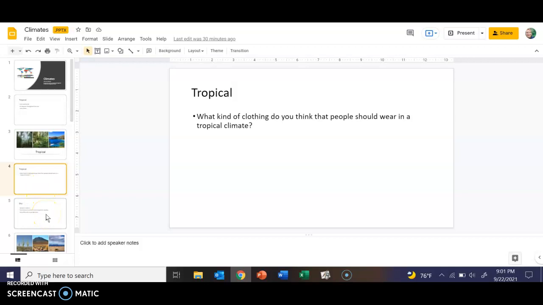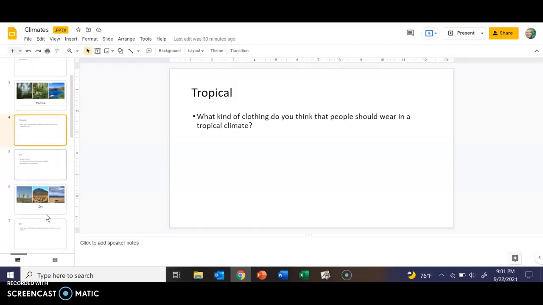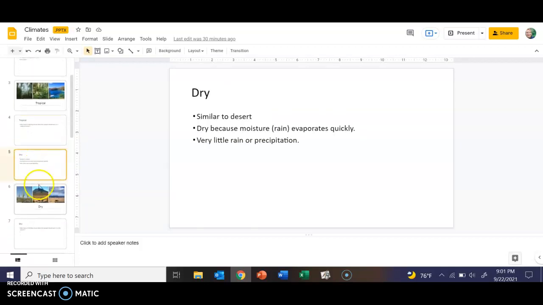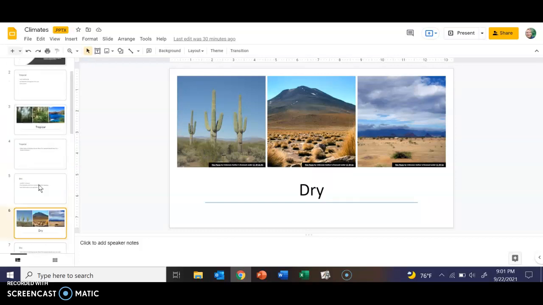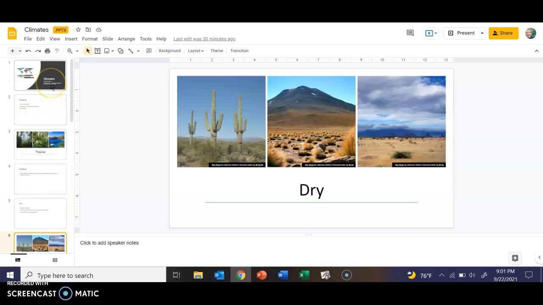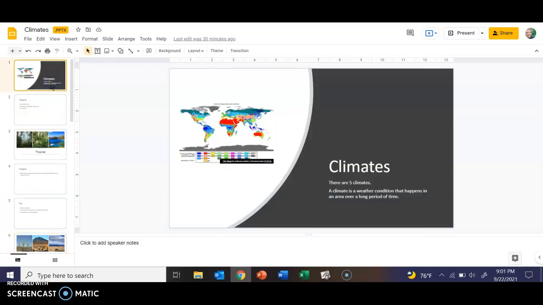I just wanted to show them a visual representation of tropical settings. Part of our curriculum is knowing the type of clothing and things along those lines that people would wear in the different climates. I also was not a big fan. I believe I just used a preset for this specific Google slide. I'm not a fan of the white and the contrast. I think it's too bright, and to me, it's very distracting because it's almost blinding.